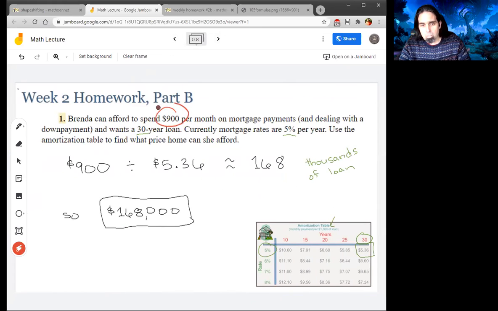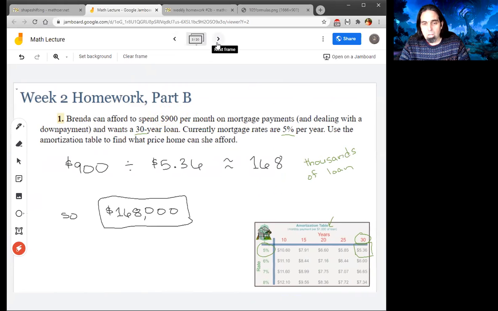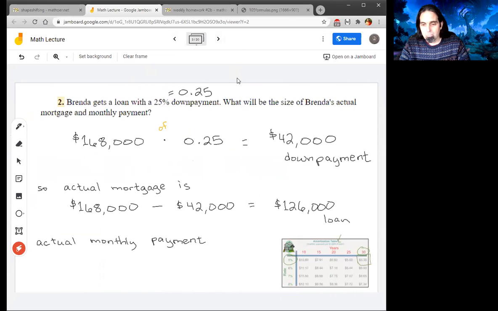But she's not going to spend all of this 900 on her actual paying off the loan to the bank. She has right now 126,000 of loan. So she's only paying to the bank 126 copies of that $5.36.